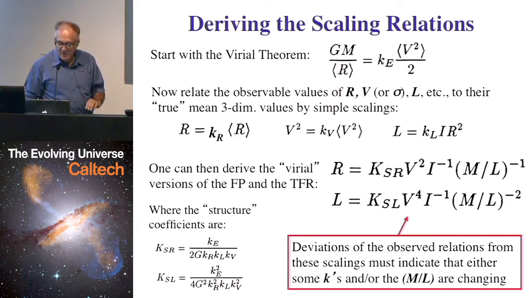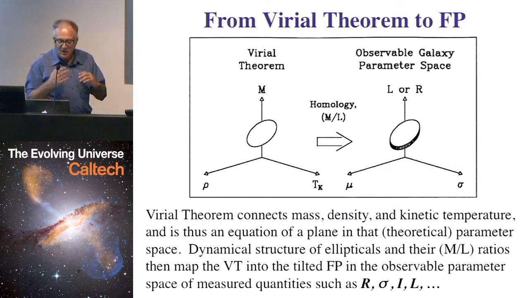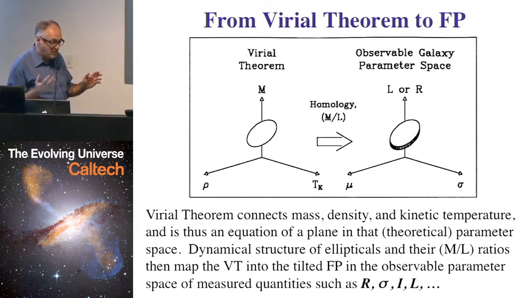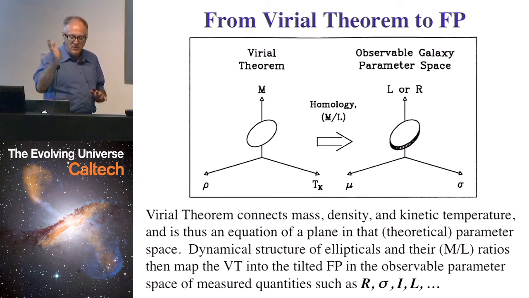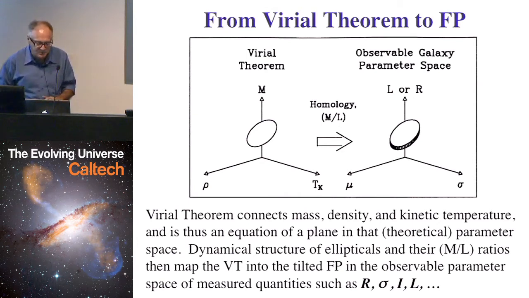And that's due to the systematic deviations of structure of ellipticals from being perfectly homologous, meaning ellipticals are not just scaled versions of each other, bigger and smaller but the same structure. No, there is a systematic change in the way they're arranged internally as a function of their mass, and that tilts the plane from the virial theorem into what's observed.